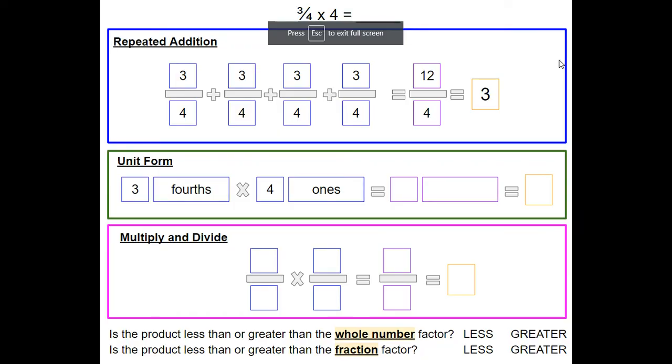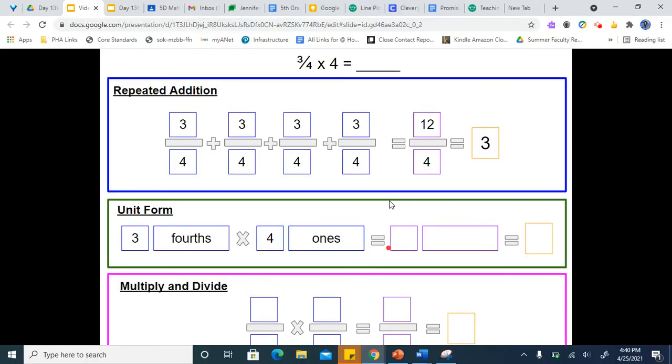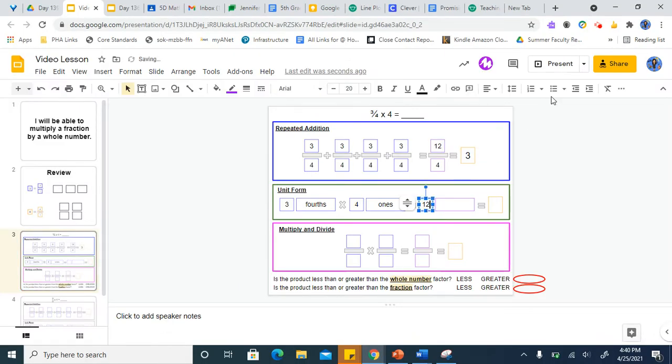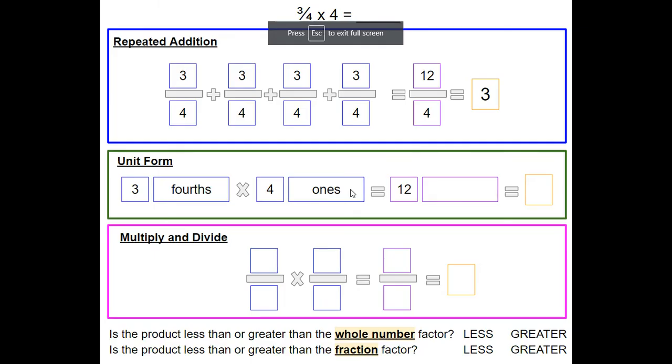Now that we've written both of these factors in unit form, we can go ahead and multiply. Let's start by multiplying the whole numbers in front. 3 times 4 equals 12. So we're going to put 12 here. And now fourths times ones, well, anything times 1 is the number you started with. So fourths times ones is fourths.